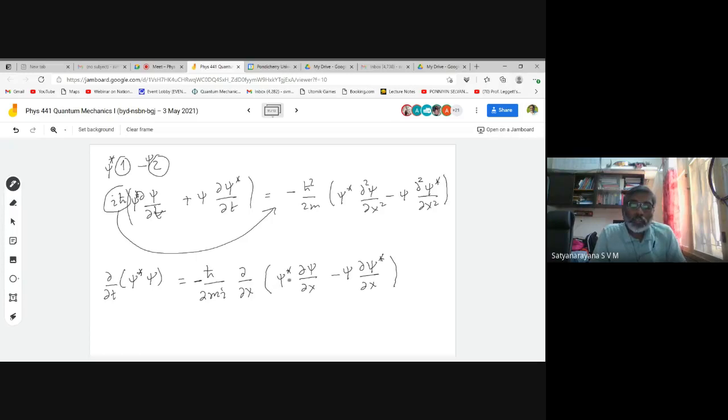If you do this, there will be del psi star by del x and del psi by del x terms; there will be one such term here also. Those two will cancel, so this will be the same as this. So I take it to this side, this minus becomes plus, and this is equal to 0.